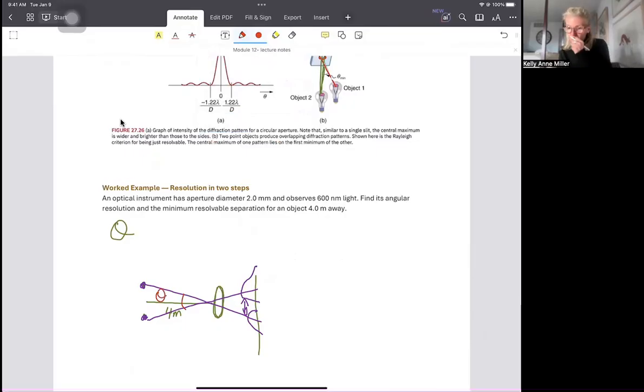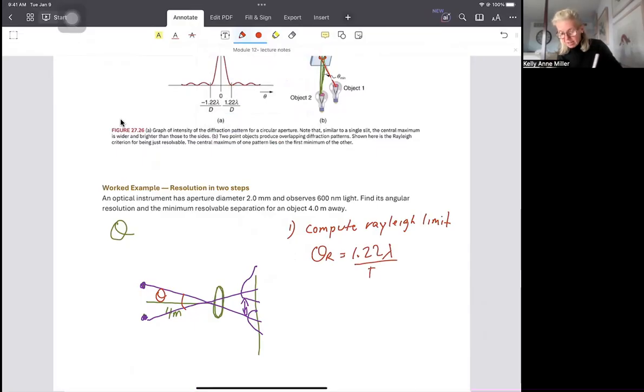Okay, so the first step is to compute that angle, which is referred to as the Rayleigh limit. The Rayleigh limit is just 1.22 times the wavelength of the light divided by the circular aperture diameter. So this is going to be 1.22 times 600 nanometers, so 600 times 10 to the negative 9 meters, divided by the aperture, which is 2 millimeters.